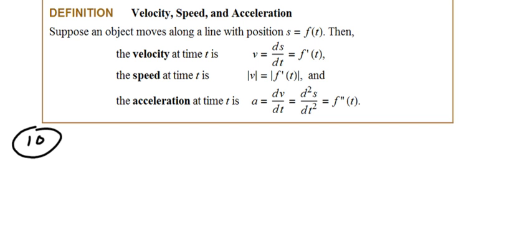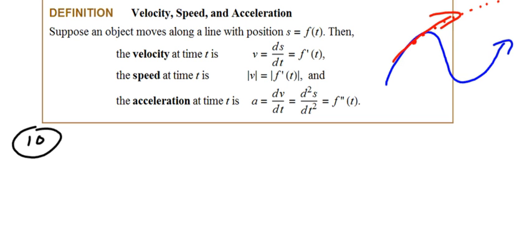So when we talk about velocity, speed, and acceleration, we want to talk about what is speed and acceleration. Remember, like I said, if we had some particle moving in some path, the tangent line at a certain point tells us what the trajectory path is at that point. That's the equation of the tangent line.